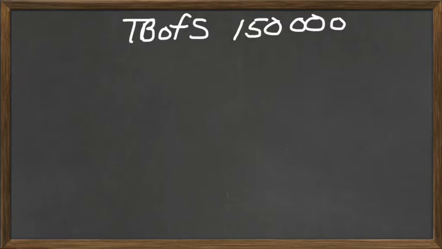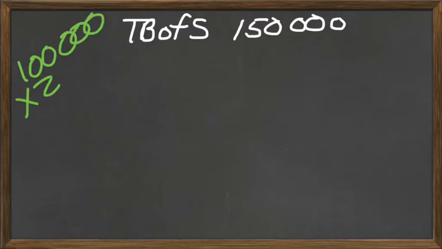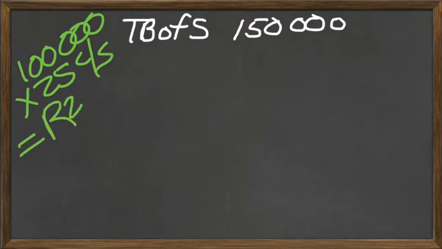Based on the given information, you could calculate the annual preference dividend as 100,000 shares multiplied by 25 cents per share, which gave you the 25,000 Rand as my annual preference dividend.